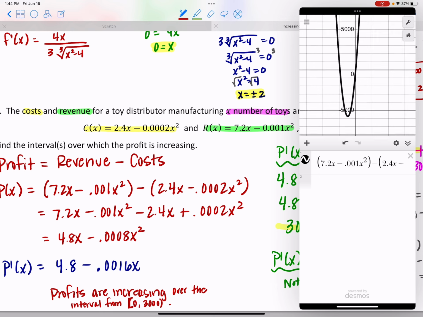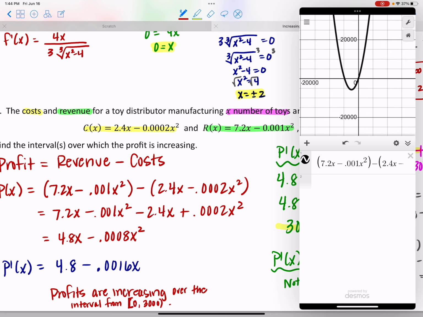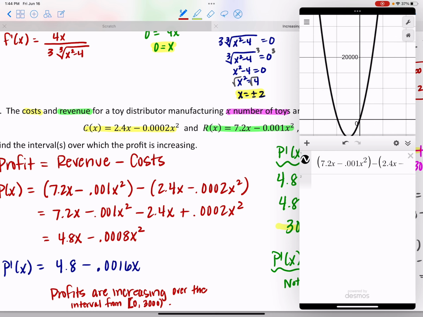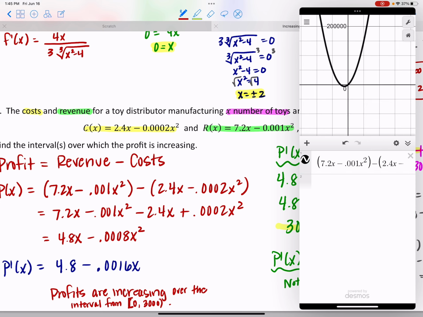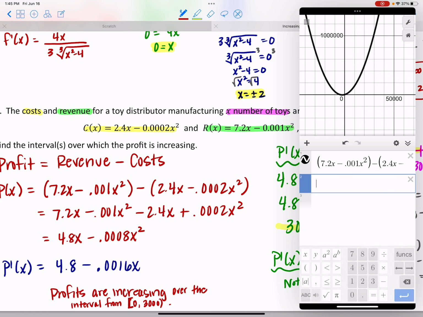And at 3,000, I've got to do a little bit of zooming here. Okay, where did I type something in wrong?